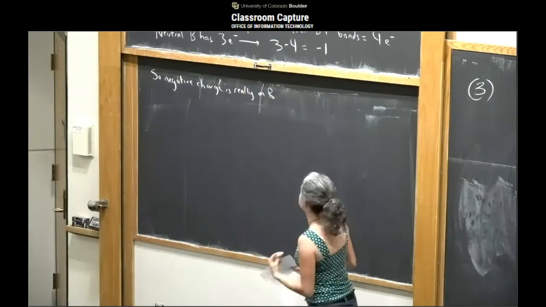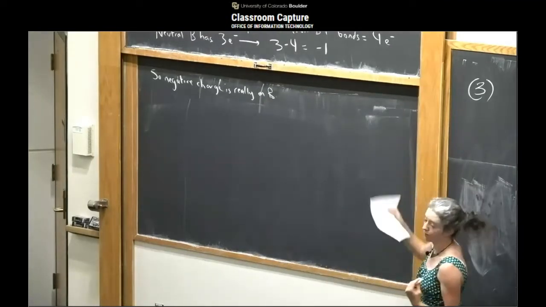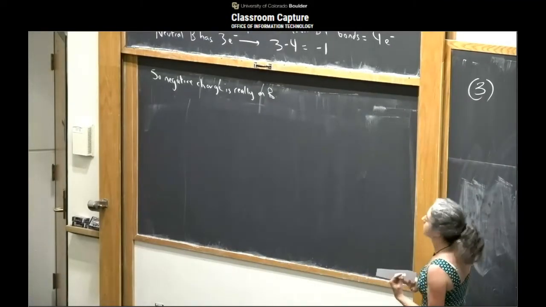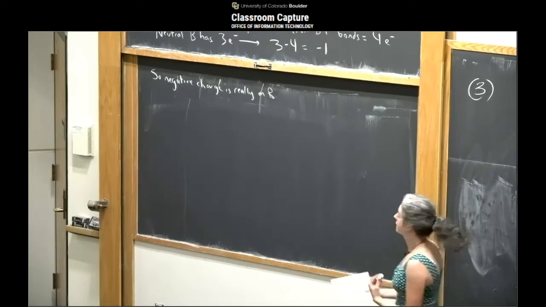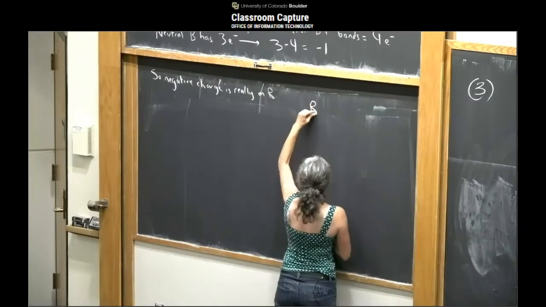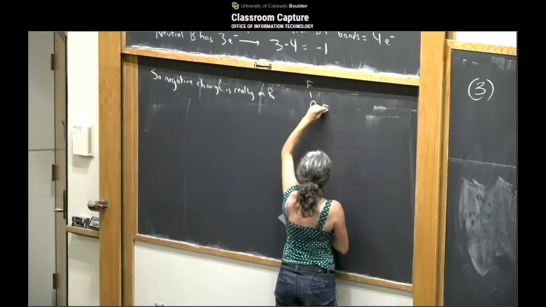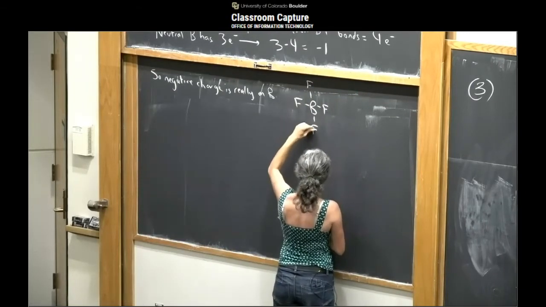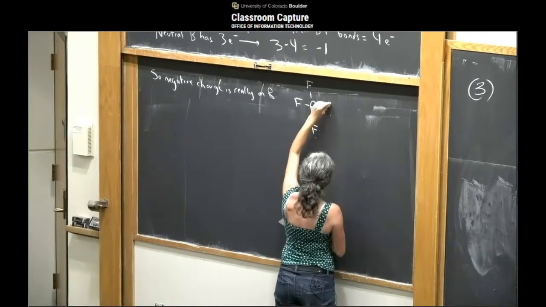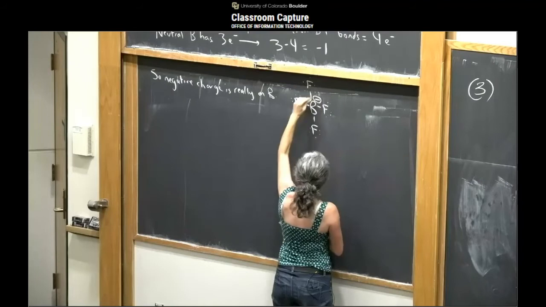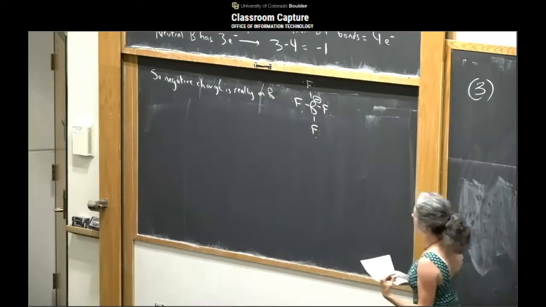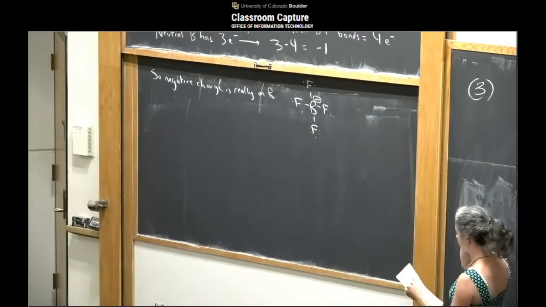So if we want to draw a more precise version of what I drew up top here, we're not just going to throw square brackets and say, I don't know, it's in there somewhere. We're going to specifically put the minus charge onto the boron. Okay, so we're specifically going to localize that charge onto the boron.